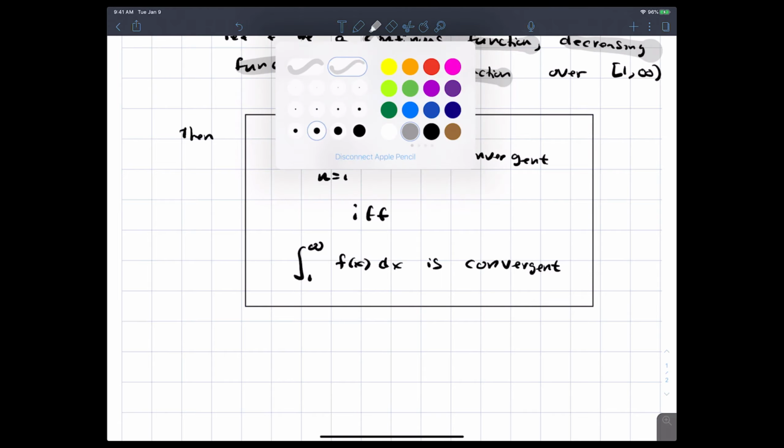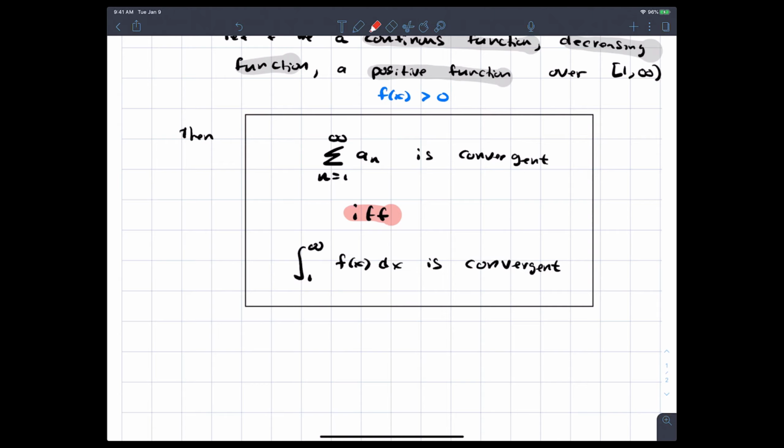This is an equivalence relation, ladies and gentlemen. It's a biconditional. That means it goes both directions.